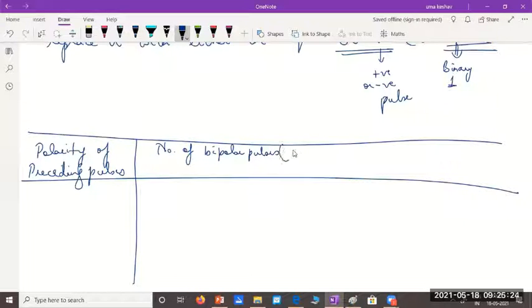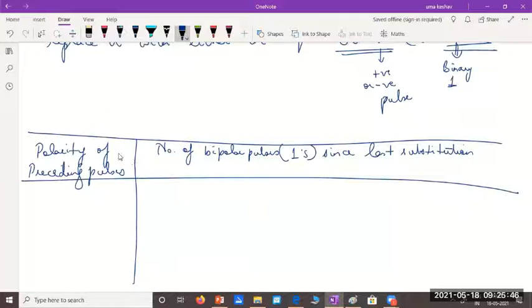When I say bipolar pulses, please remember they are ones. I will have bipolar pulses only for ones. We don't represent 0 with a positive or negative pulse in bipolar. Please remember that signaling scheme correctly. Since the last substitution.